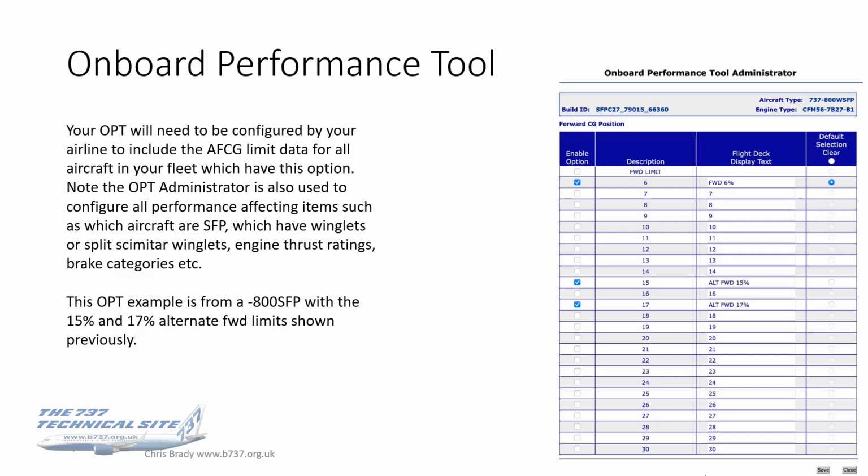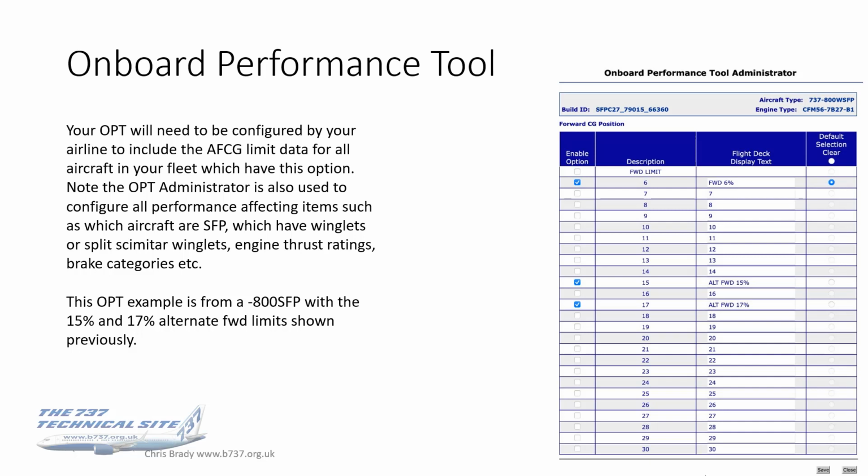so the OPT administrator, which is what the screenshot is on the right, or a very small part of the OPT administrator, is used to configure all performance affecting items, such as which aircraft are SFP, which have got winglets, which might not have winglets, or which have got split scimitar winglets, engine thrust ratings for particular aircraft, brake categories, etc., etc., etc. So any performance affecting items that differentiate one aircraft from another are all defined per registration, per MSN in the OPT administrator.